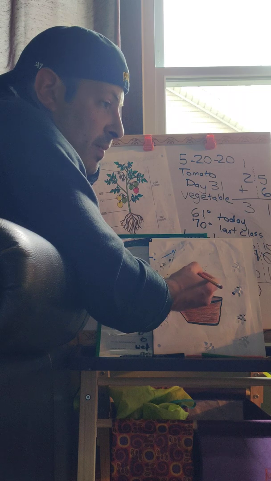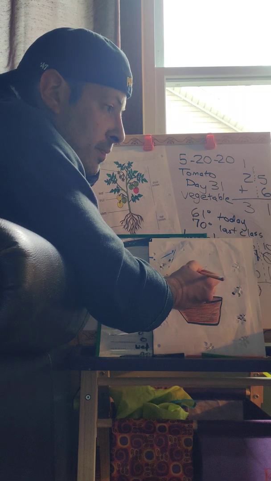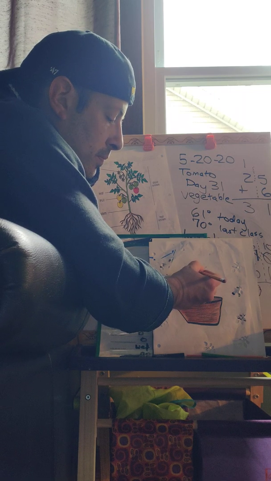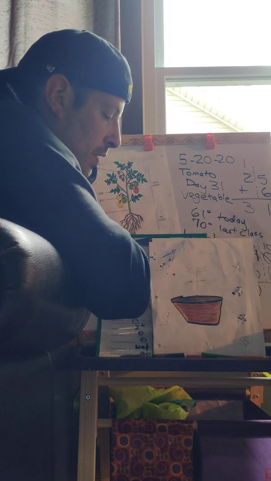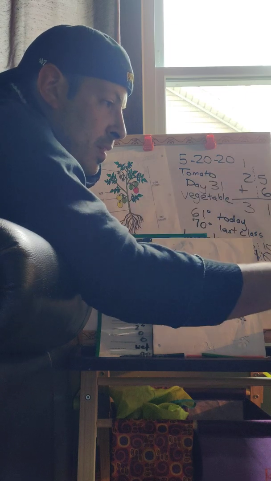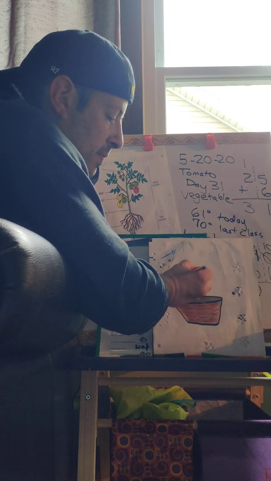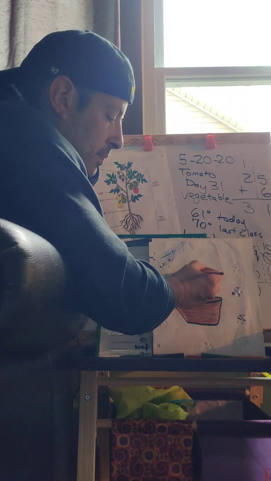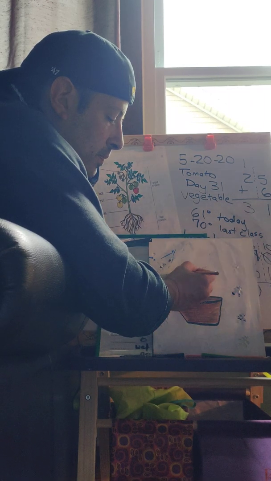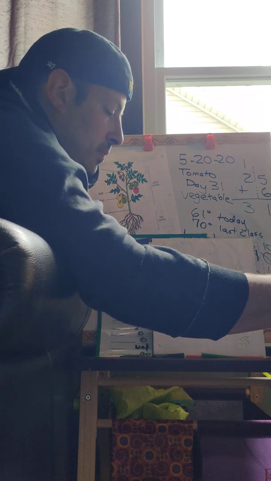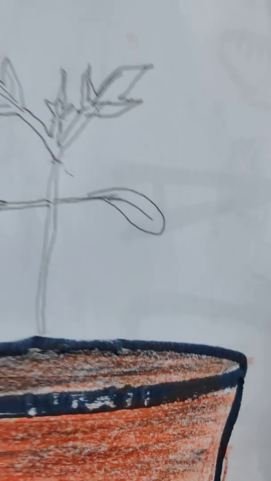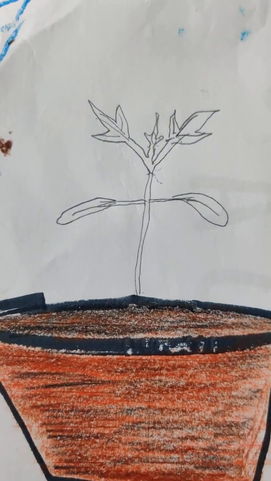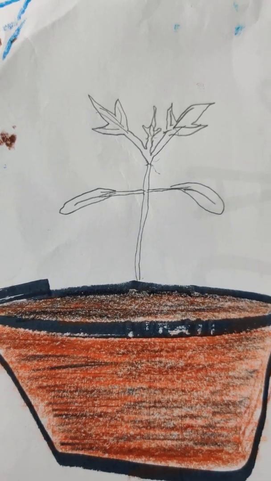Those big leaves are pointy. You should have something like that. These are my veins. So it should look something like that.